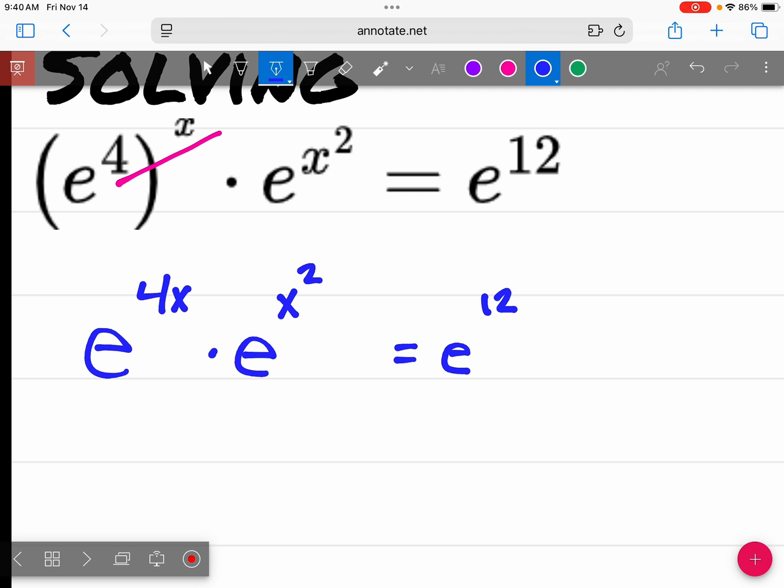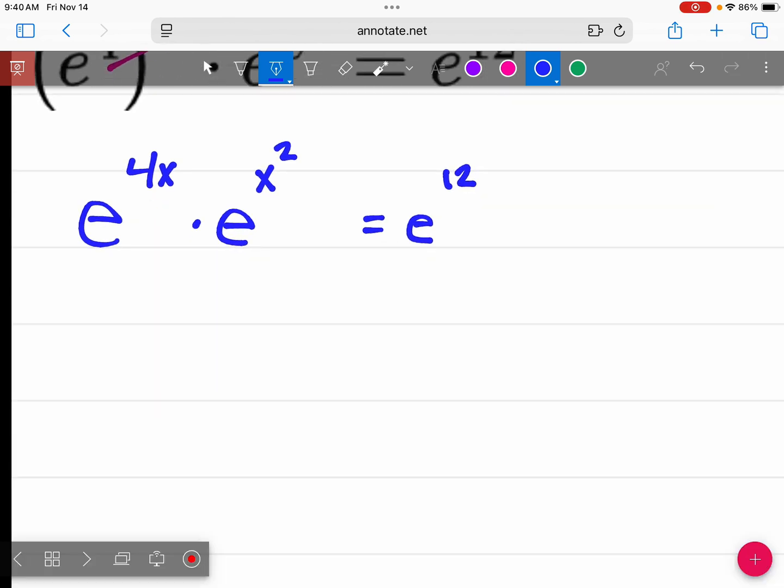Add them. So I can smush these guys together to make one singular base if we add those exponents together. So this is the same thing as if I had e to the x squared plus 4x equaling e to the 12th.